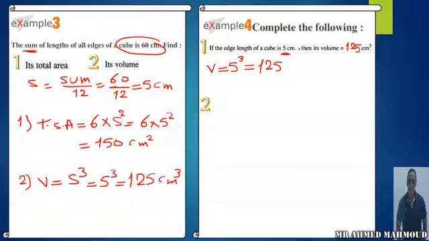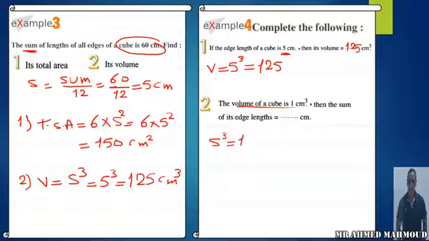The next one, if the volume of a cube equals 1, then the sum of its edges equals what? Here we have the volume equals 1, then S to the power of 3 equals 1, then S equals, by taking the cubic root of both sides, the cubic root of 1, which is 1.